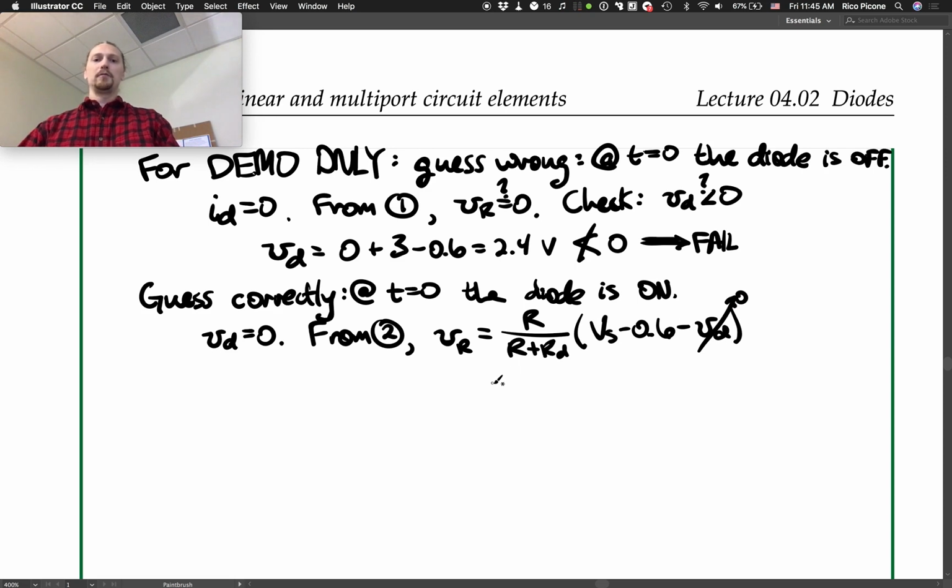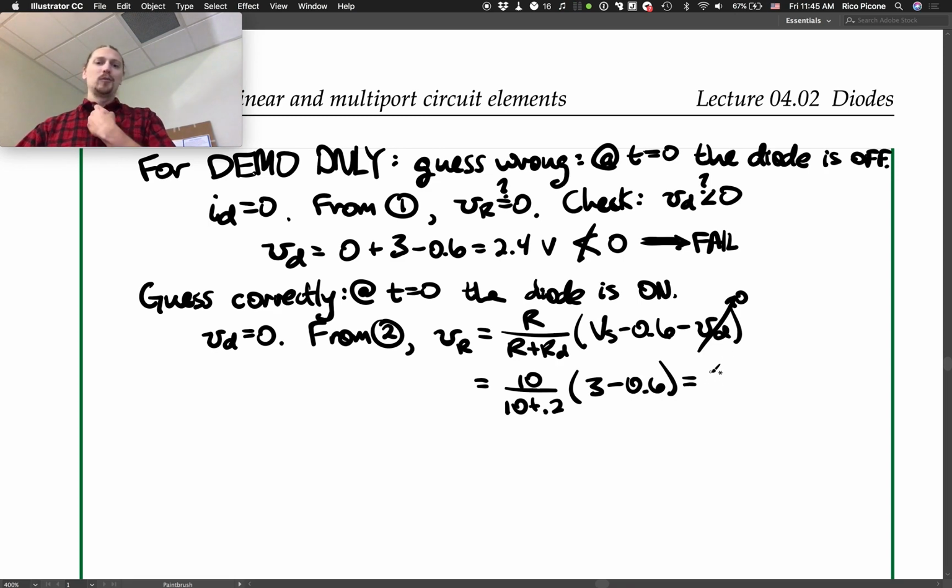If you plug this in, R is 10, RD is 0.2, so 10 over 10.2. That's where we see that RD is not a huge factor, even if we're a little off on this. As long as your load resistance is significantly larger, it doesn't tend to matter that much. And VS is going to be 3 minus 0.6. So what do we end up with for VR?